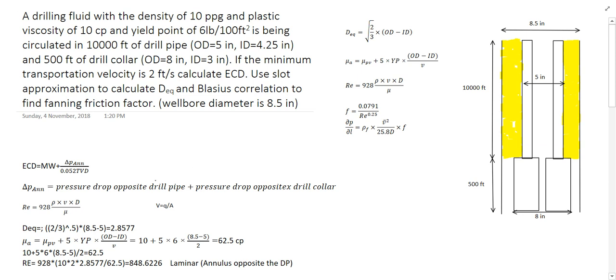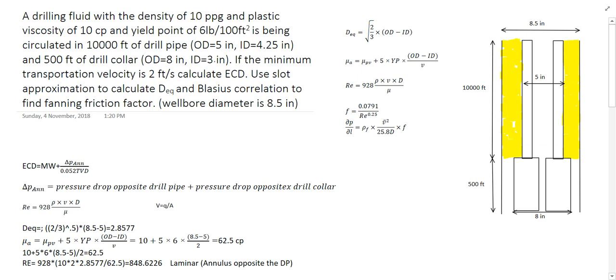If we look at the equation, velocity is equal to flow rate divided by the area A. Flow rate is constant inside the drill string and in the annulus part. The thing which is changing is the area, and the minimum velocity is where the area is maximum. The maximum area is the annulus opposite of the drill pipe, the yellow area that is provided in this figure.